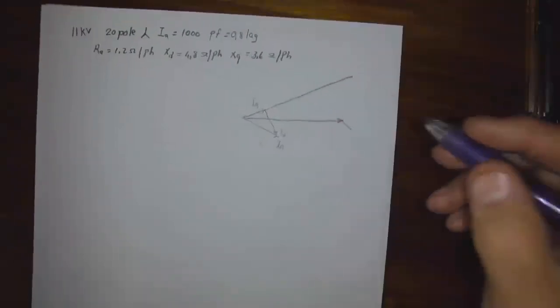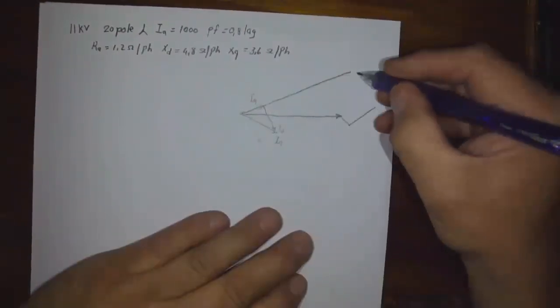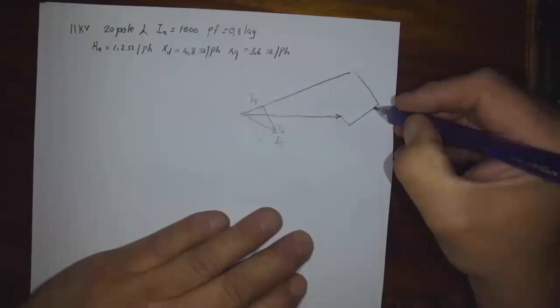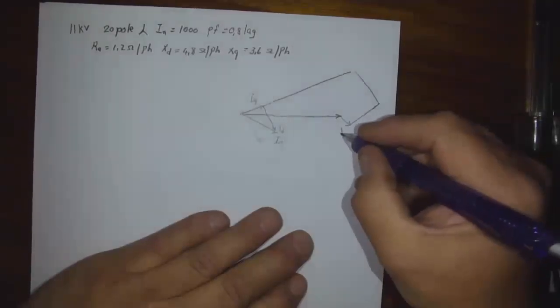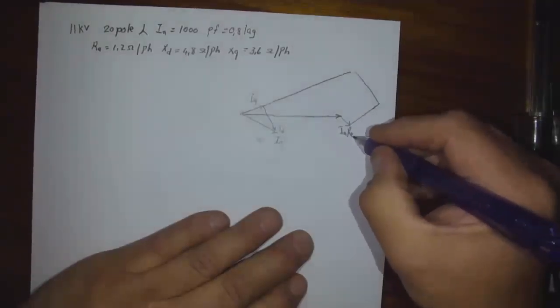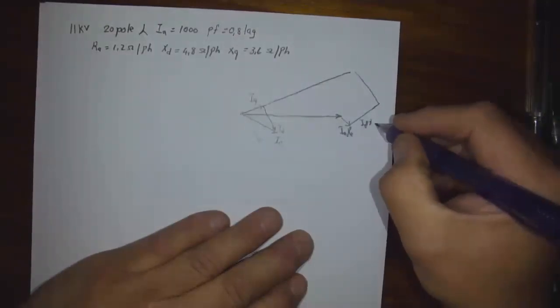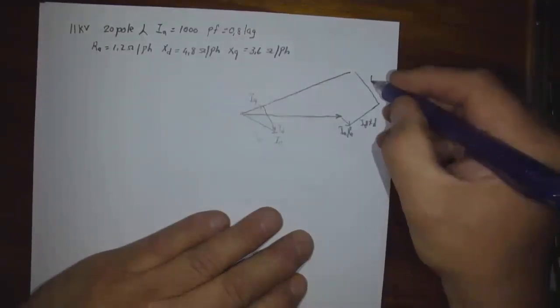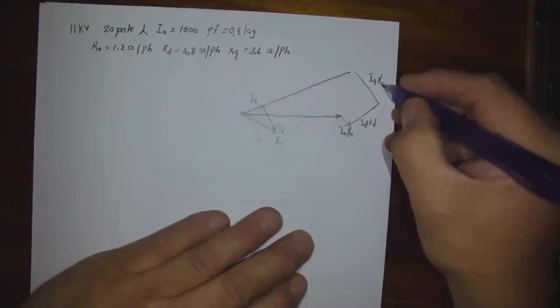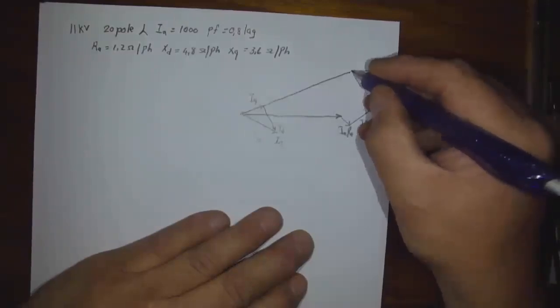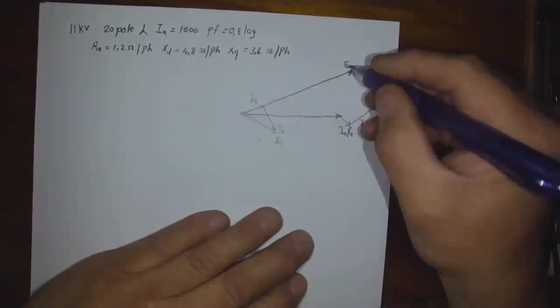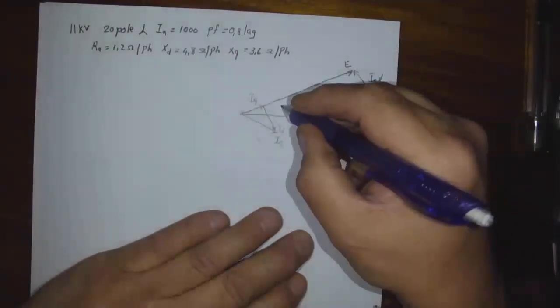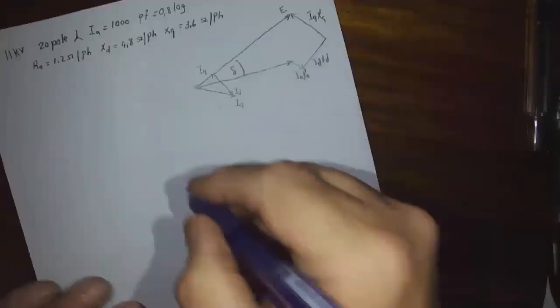IA RA, ID XD, IQ XQ. Okay, and this is phi.